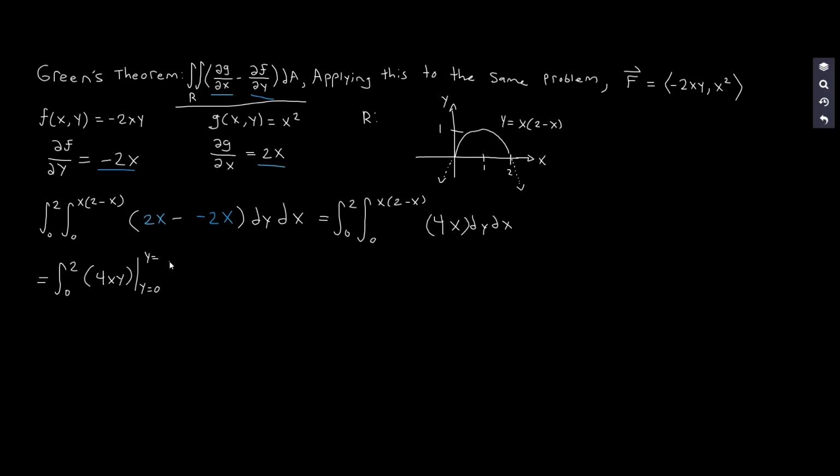The upper bound of integration is, well, let's distribute that, 2x, y equals 2x minus x squared. Yes, let's do that. Integration with respect to x. And, well, we plug this thing in. Evaluate it via the fundamental theorem of calculus.